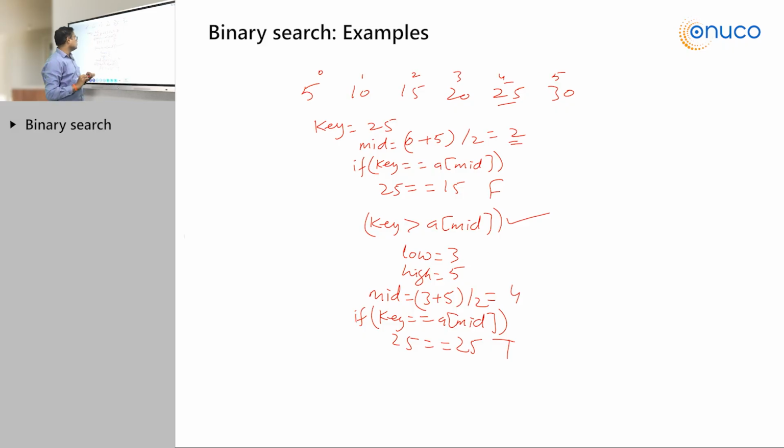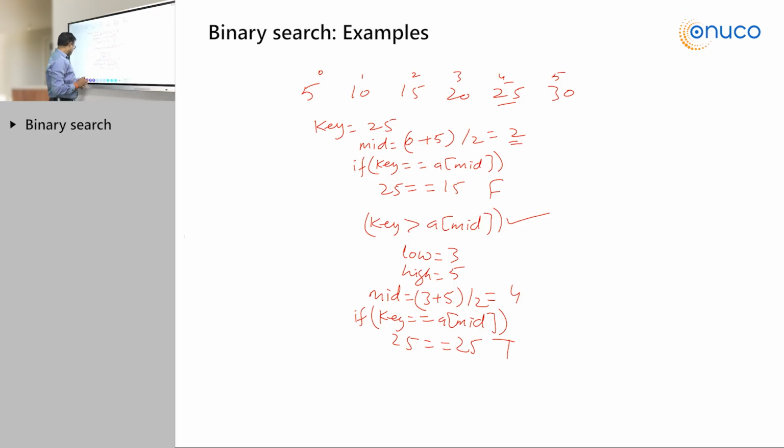What I am trying to say is, when you are searching for 25, its position is 1, 2, 3, 4, 5. If it is linear search, we require 5 comparisons. But here we did 1 comparison here, 1 comparison here. How many comparisons are required? Only 2 comparisons to find 25 in the given list.